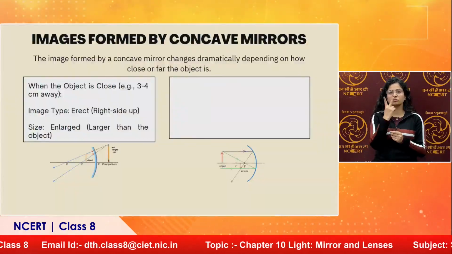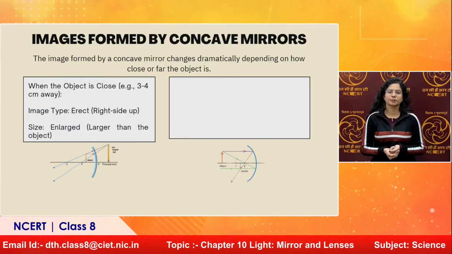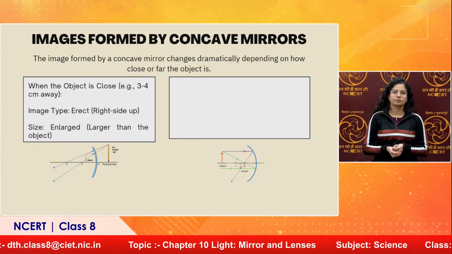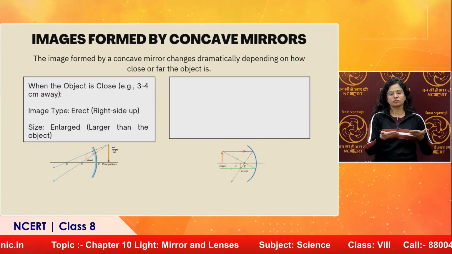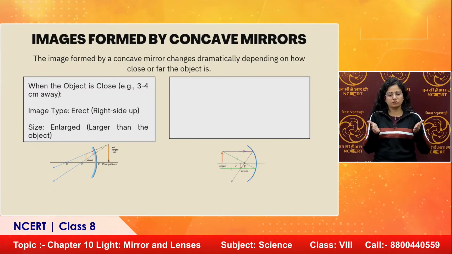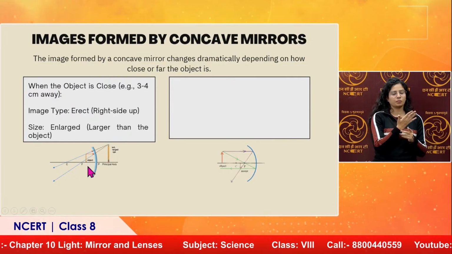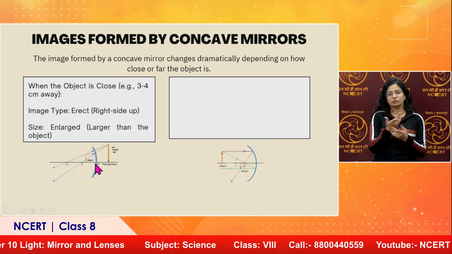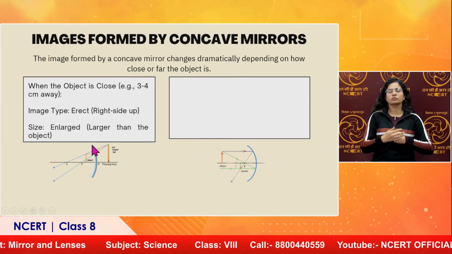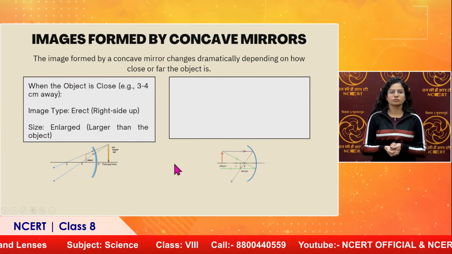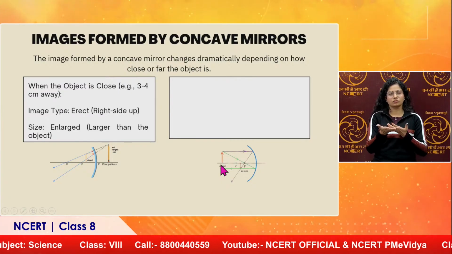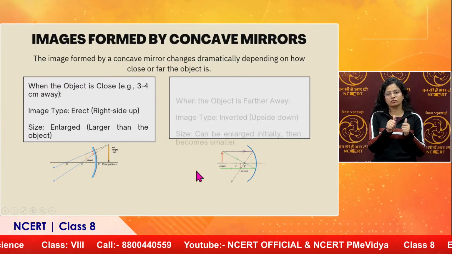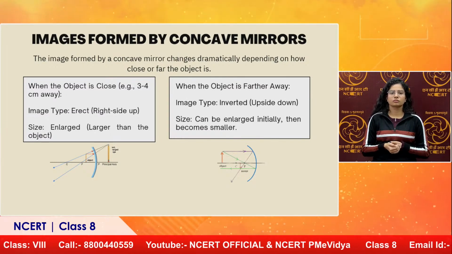On the screen you see there are 2 cases. In one, the object is close to the mirror: this is the mirror and here is the object. In the other, the object is far from the mirror. Now it will be easier to understand.